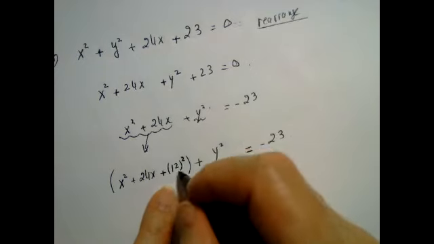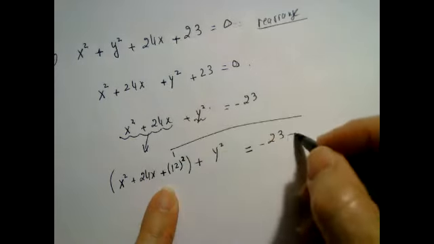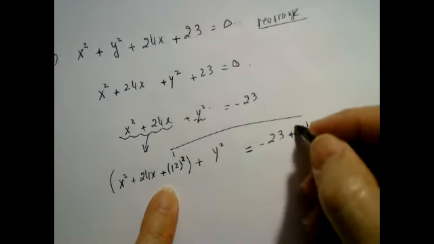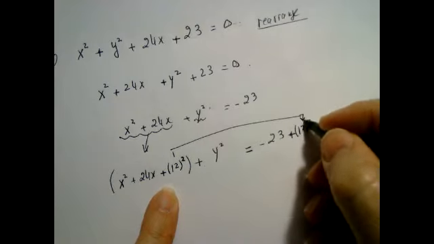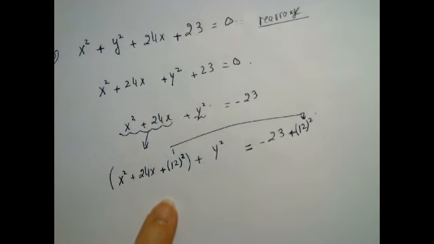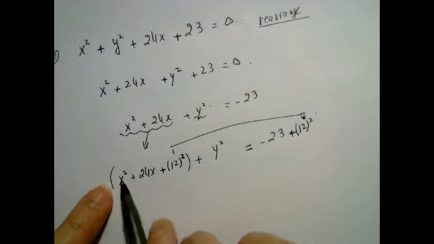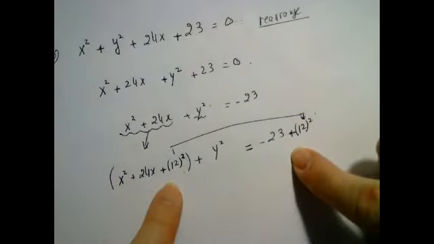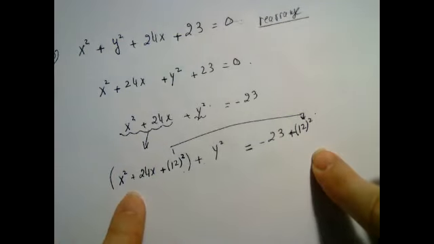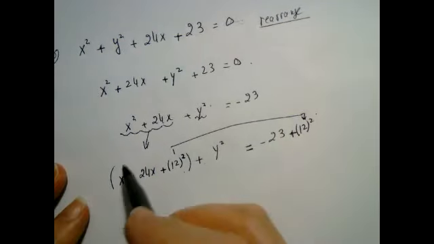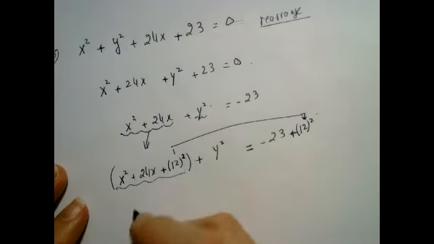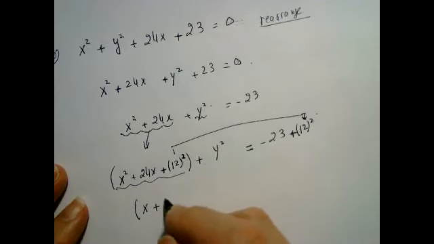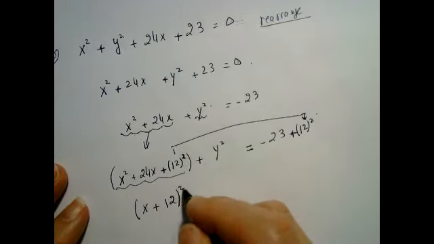Now, if I add 12 squared here, I need to add 12 squared on this side. And the benefit is by doing this, I haven't changed the equation because I'm keeping it balanced. And then the x squared plus 24x, this would become the following quantity, (x plus 12) to the power 2.